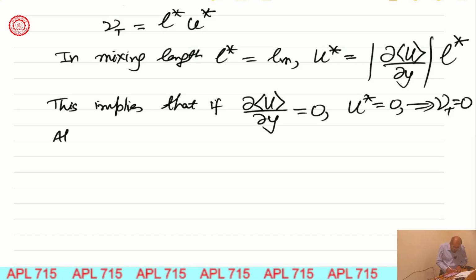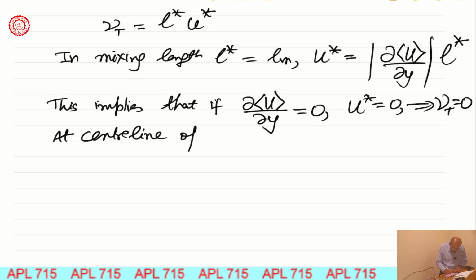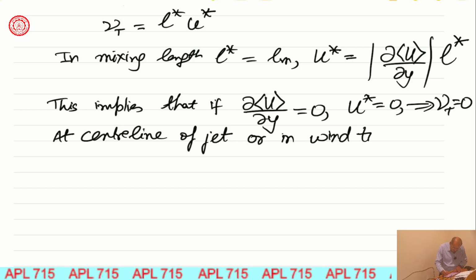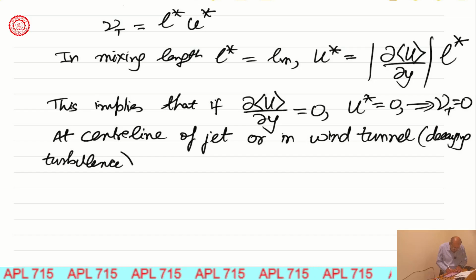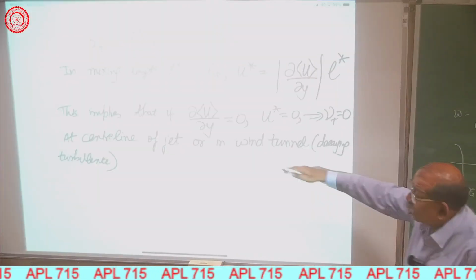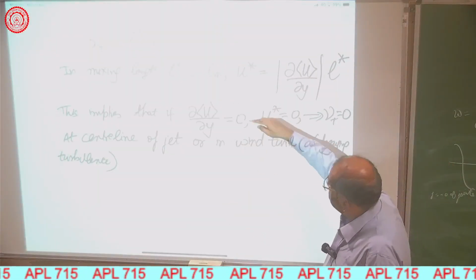And this happens if we look at the turbulence behind the grid in the wind tunnel or at the center line of the jet, where du by dy is 0.